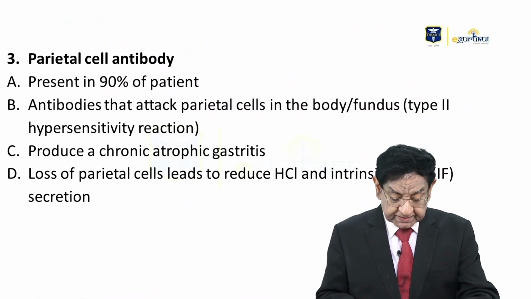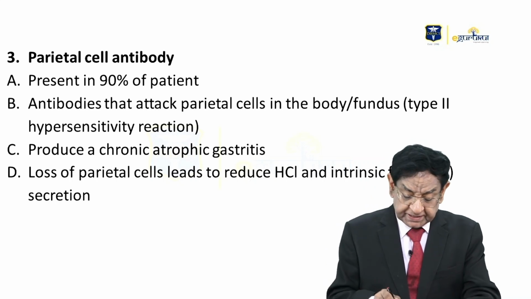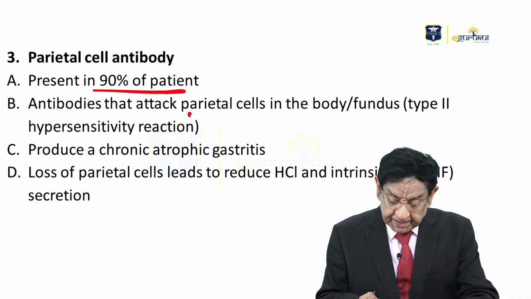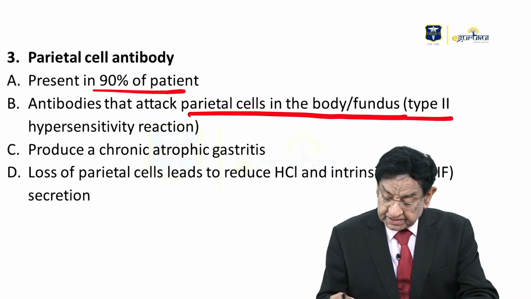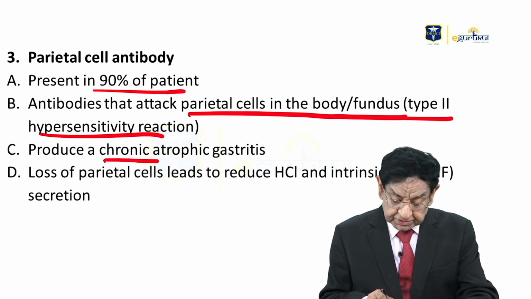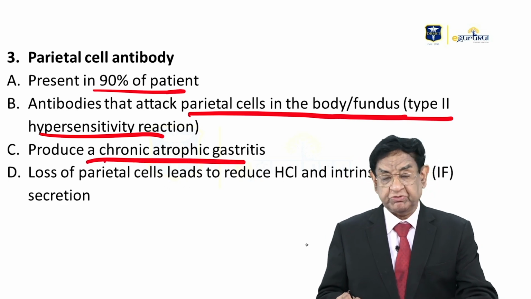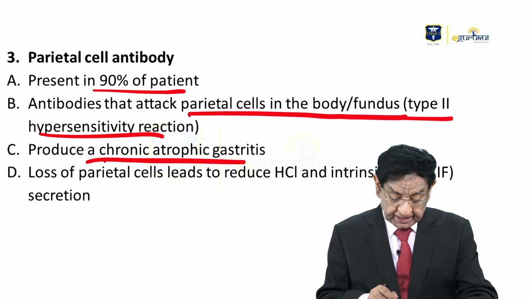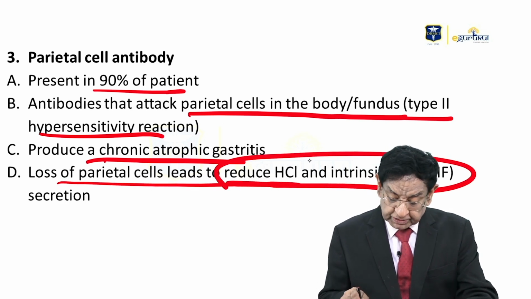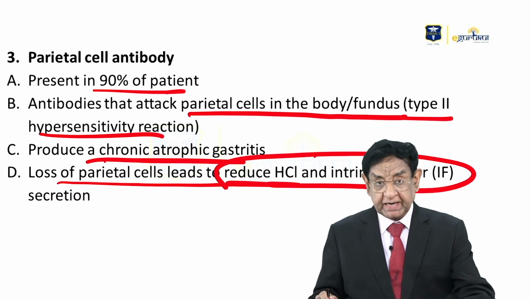We also have parietal cell antibodies. They are there in 90% of the patients. They attack the parietal cells in the body and fundus, a type 2 hypersensitivity reaction, and that produces a type of chronic atrophic gastritis. And loss of parietal cells leads to reduced HCl and intrinsic factor, because both are secreted by the parietal cell.